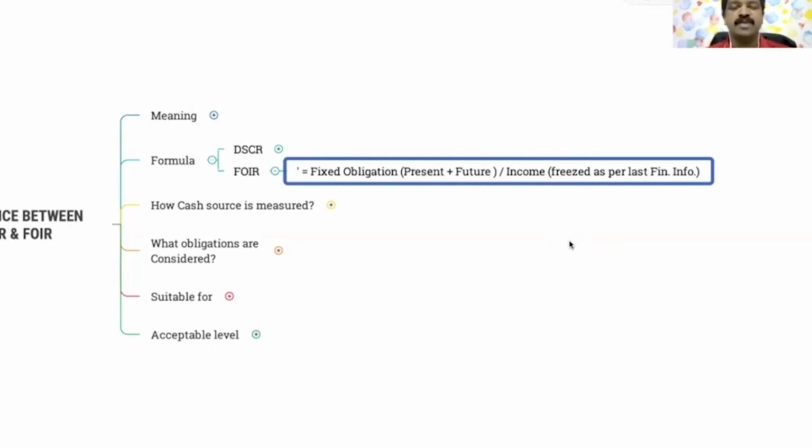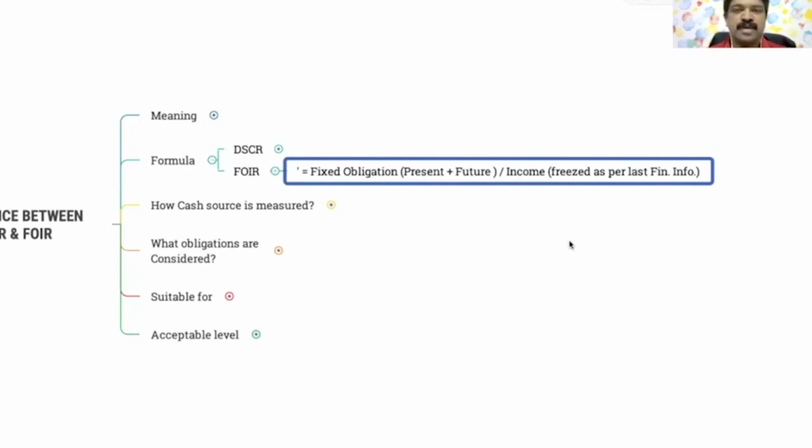When we say income, this is cash profit. And this is one distinct difference when compared with DSCR. Here, when we take the income in FOIR, that is the cash profit, it is frozen as per last financial information.